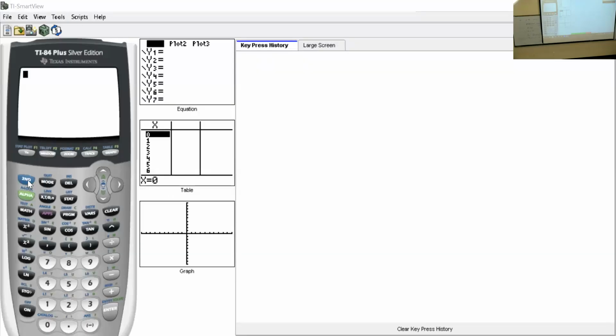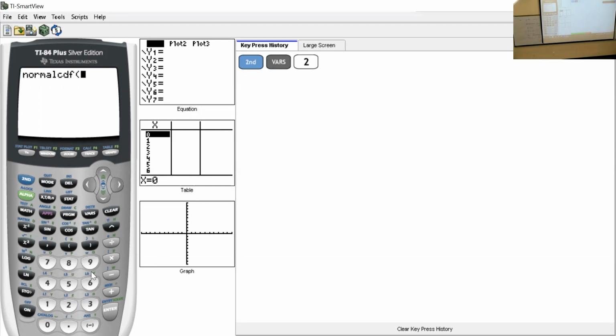So press second, the VARS button right next to clear, and you should see normalcdf. If you have the newer version of the calculator, your screen will look different than mine. What is your screen?